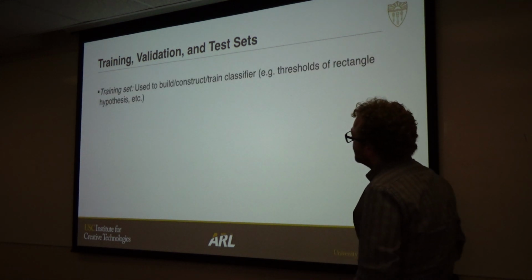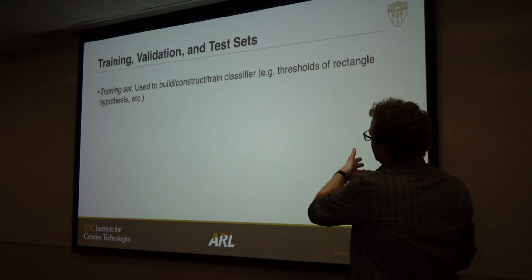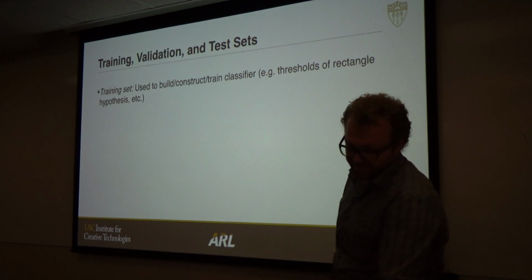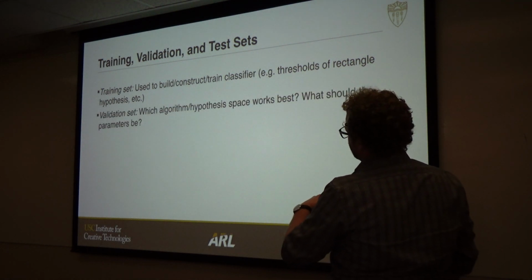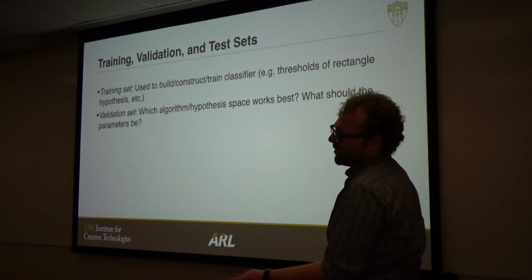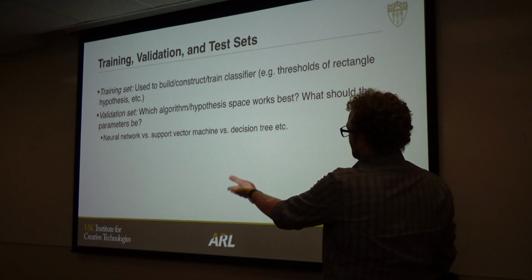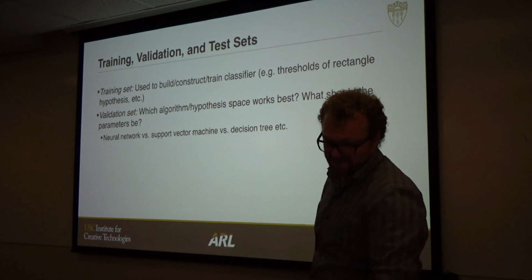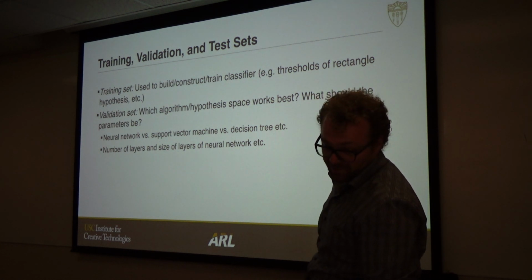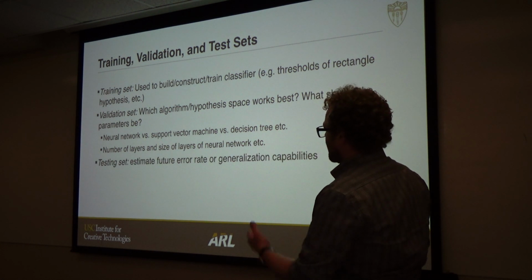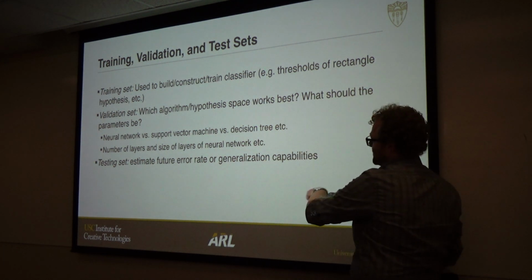The training set is used to build and construct or train the classifier, thresholds of rectangles, etc. The validation set determines which algorithm or hypothesis space works best and what the parameters should be: neural network versus support vector machines versus decision trees, number of layers and size of layers of the neural network, etc. And then the test set estimates the future error rate or generalization capabilities.